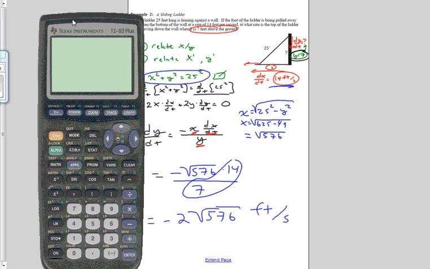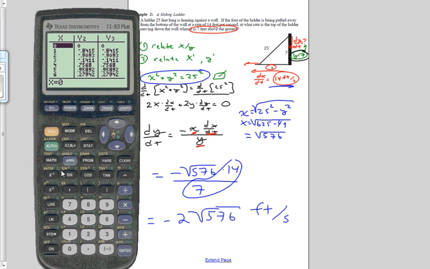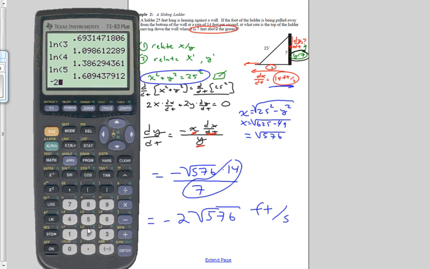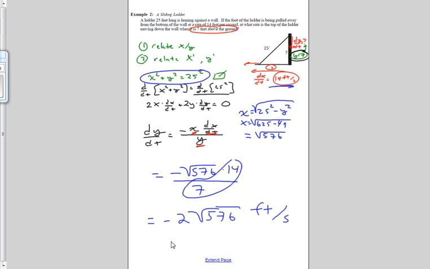And just so that we can get a number on that, we have negative 2 times the square root of 576. Oh, nice. I didn't know that was a perfect square. This equals negative 48 feet per second.